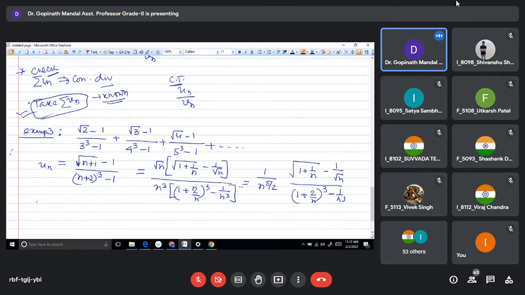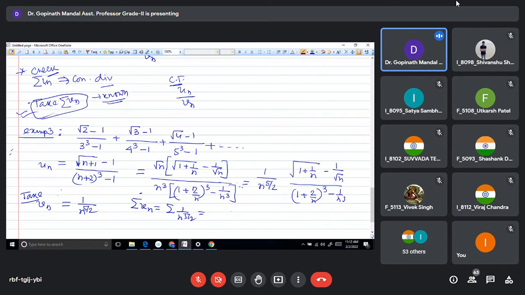Now take Vn equal to the series summation of n to the power 5 by 2. Now this Vn series is convergent. Vn series is n to the power 5 by 2.